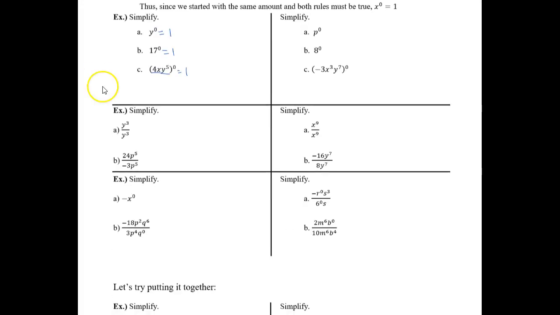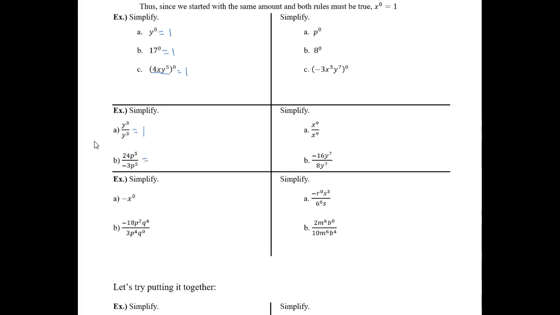Coming down here, you could use the quotient rule or just recognize that we have y cubed divided by y cubed, which is 1. Anything divided by itself is 1. Throw some coefficients into the mix. I have 24 times p to the 5th divided by negative 3 times p to the 5th.